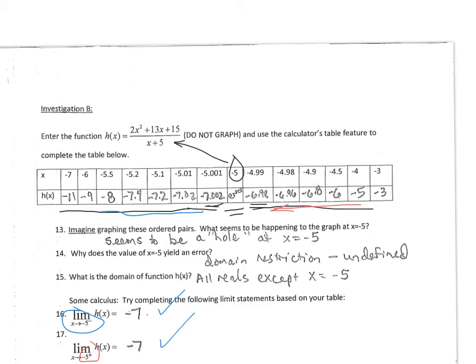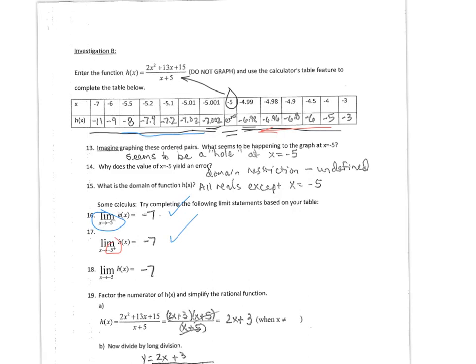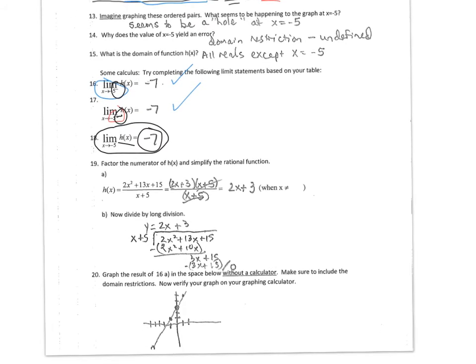And ultimately, since we have the same value, unlike before when we had infinity and negative infinity, we can actually drop the from the left and from the right part and say that as x approaches negative 5, y is approaching negative 7.